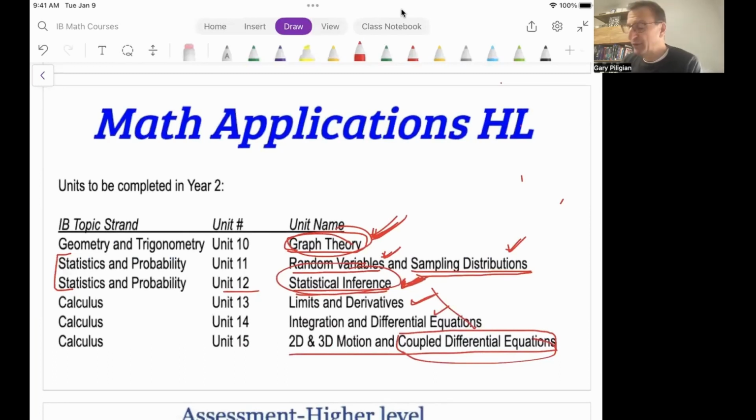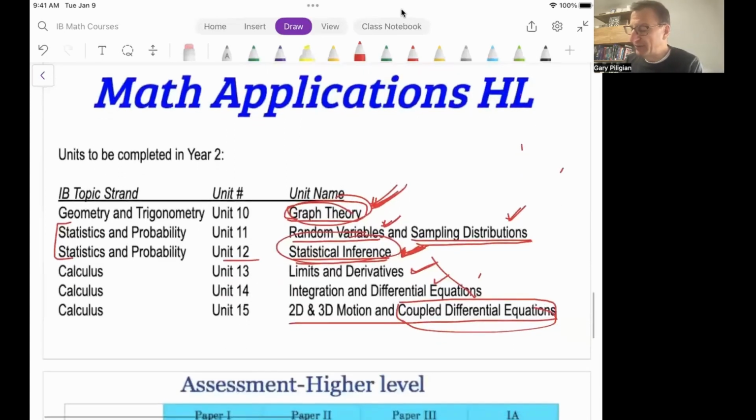And so this is not the quote easy HL in my opinion. The reason it may feel a little easier is you always have access to a graphing display calculator for assessments, so you don't have to solve everything algebraically or analytically all the time.